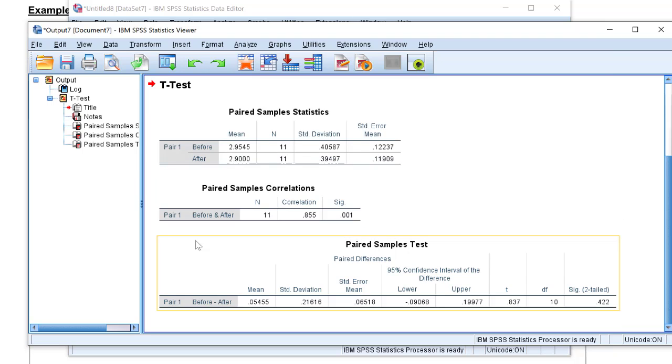And then here is our information, the relevant information we want, including, there's our t-value, and there's our significance, our p, for a two-tailed of 0.422. So again, we have to remember that that's the two-tailed of 0.422.